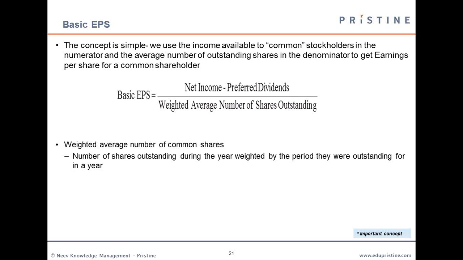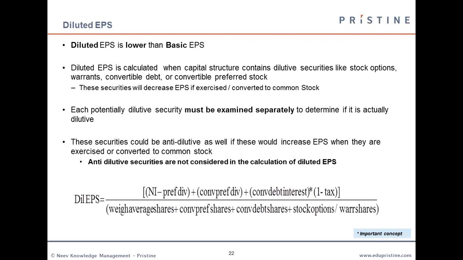This way you can find out, if you own a share in a company, how much you earn through that. The weighted average number of shares is calculated for the period that you are dealing with.